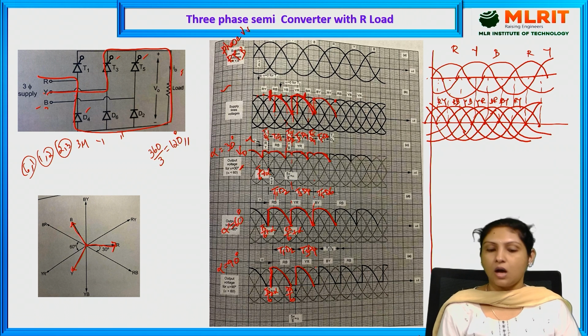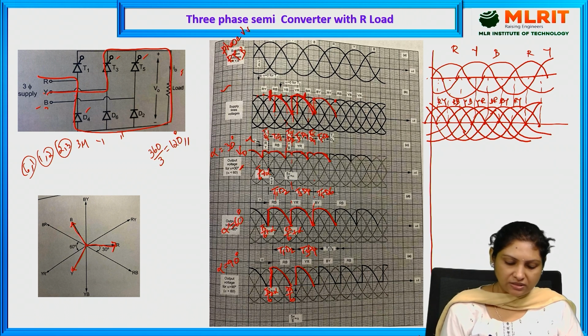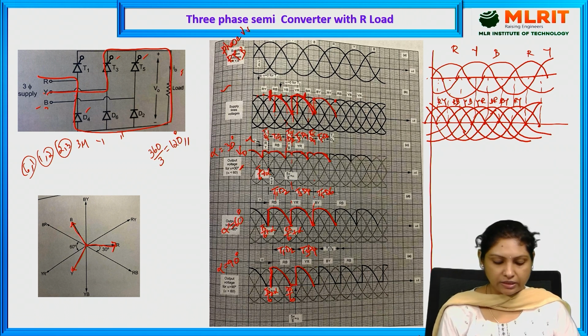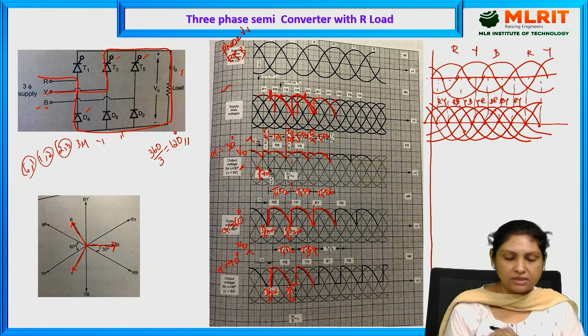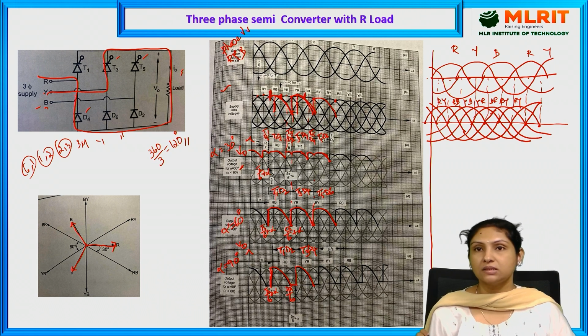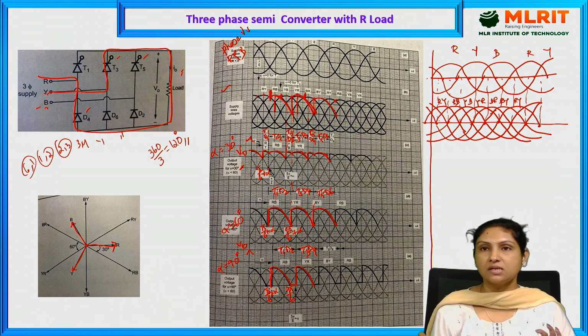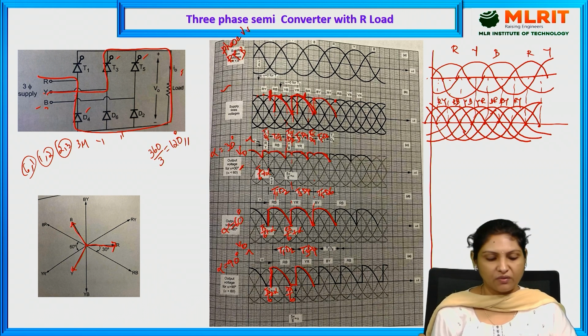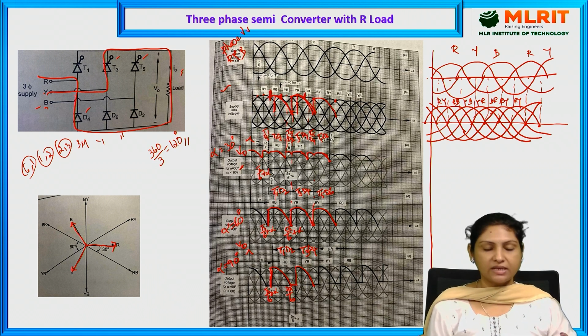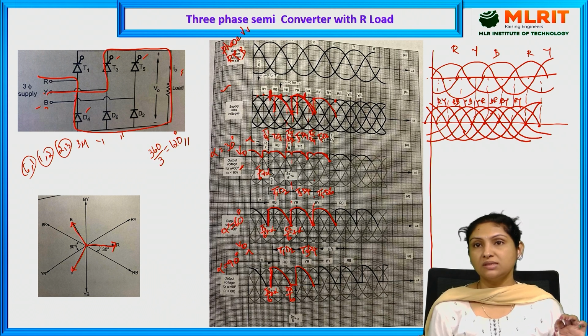So this is how the output voltage remains 0 from 7 pi by 6 to 5 pi by 6 plus alpha. That is the reason I am saying when alpha exceeds 60 degrees, your output voltage waveform will be discontinuous. Whereas for alpha equal to 30 and 60, output voltage was continuous.